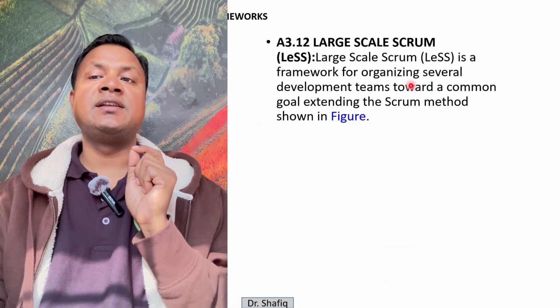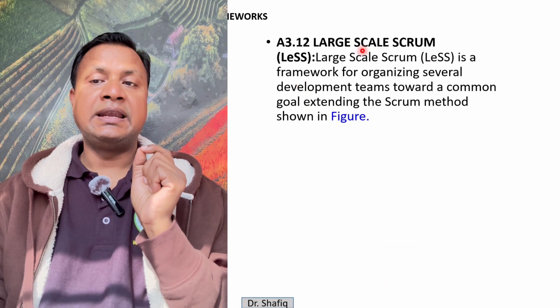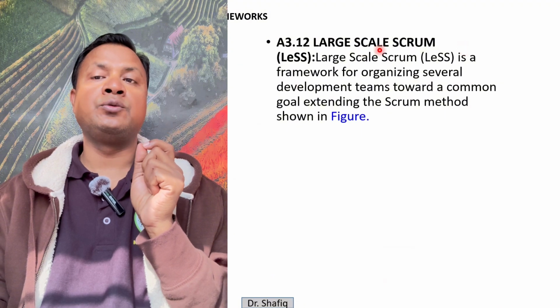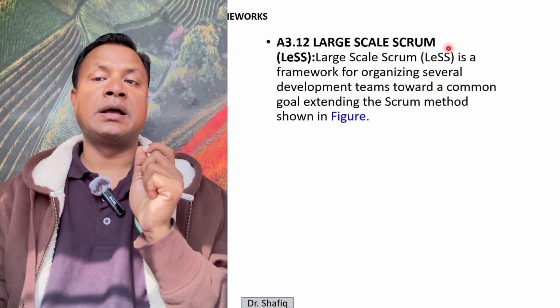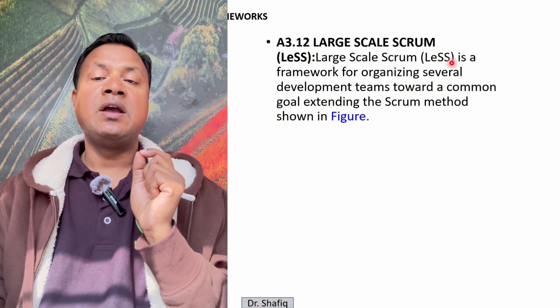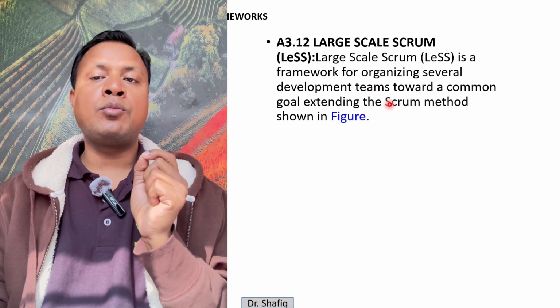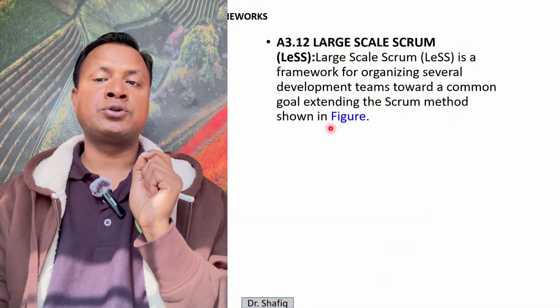Now the large scale Scrum, we call it LeSS. When Scrum is much bigger, then we call it large scale Scrum. Large scale Scrum is a framework for organizing several development teams toward a common goal, extending the Scrum method.